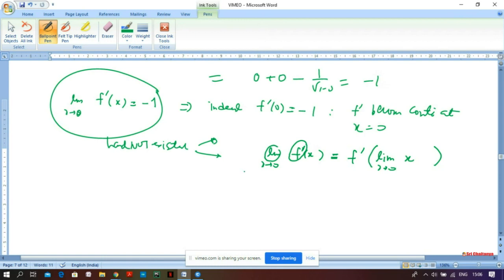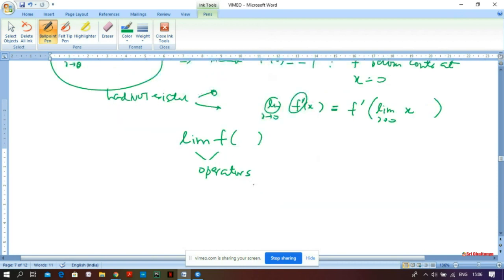Means I am saying that if you want to take limit of f of something, these two are operators, some operations. In general in maths, they need not always commute.